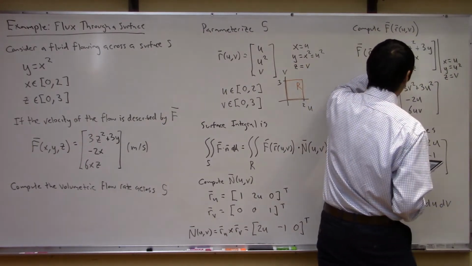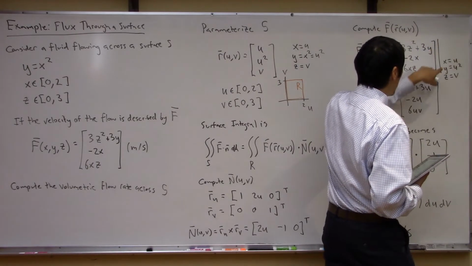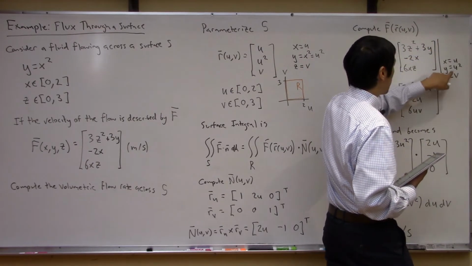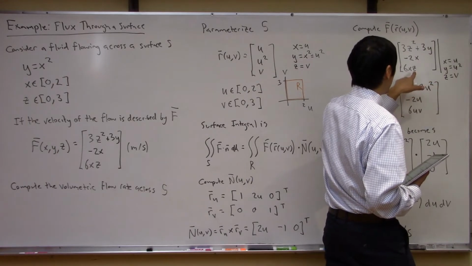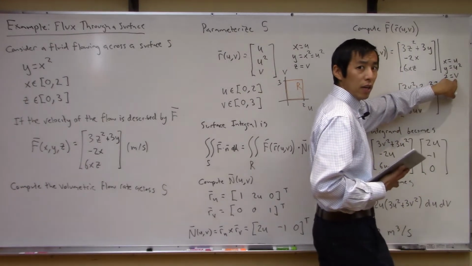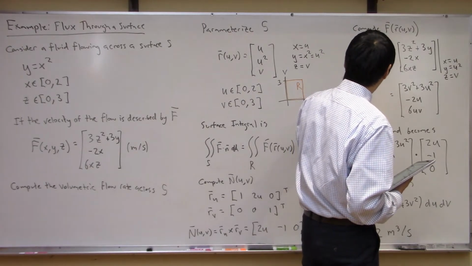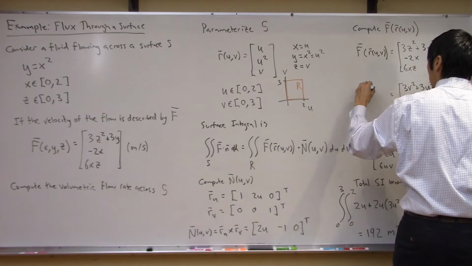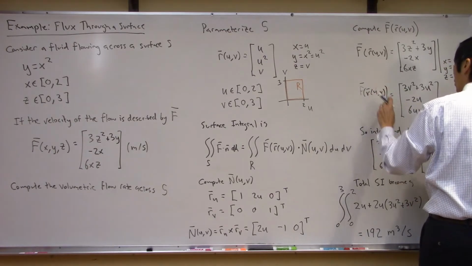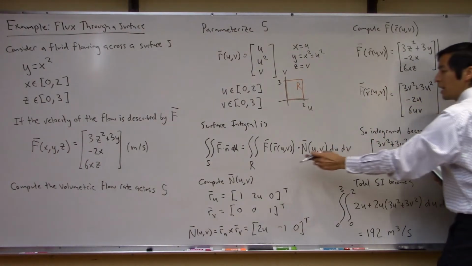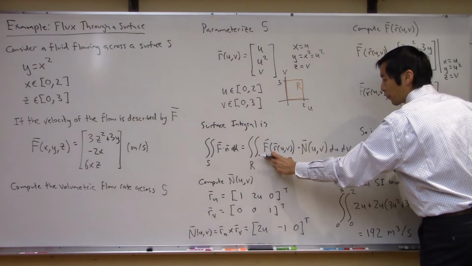So anywhere you see an x, substitute u. Anywhere you see a y, substitute u squared. Anywhere you see a z, substitute v. If you do that, here it is. So this is the expression f evaluated at our r(u,v). That's the other vector we need in our surface integral equation.